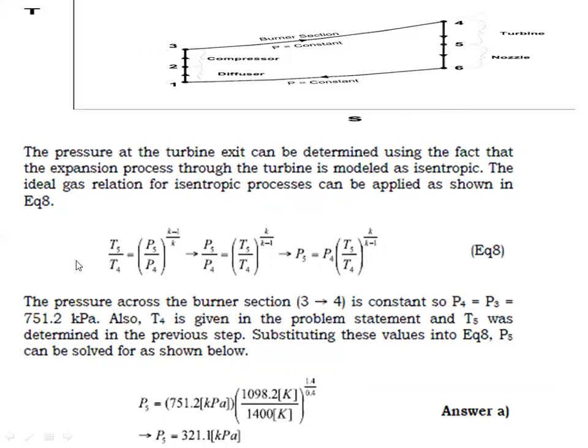T5 by T4 is equal to (P5 by P4) to the power of (K minus 1) by K. Here T5 and T4 are known, P5 is to be calculated, and P4 is equal to P3, which we just calculated. So the only unknown is P5, and K is equal to 1.4. From this, P5 is calculated as 321.1.